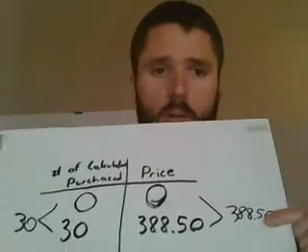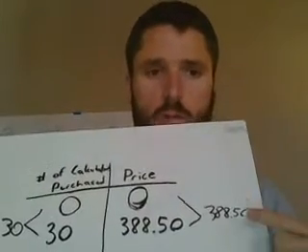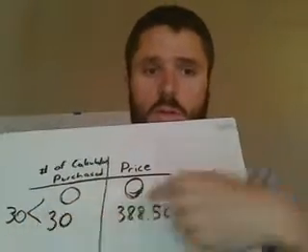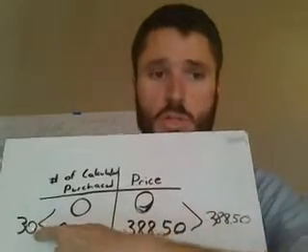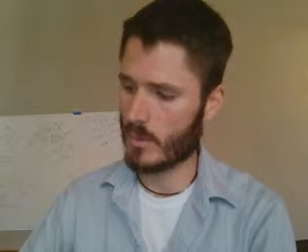Yes. If you can remember from class last time, the rate of change is nothing more than the rise over the run. In other words, the change in the outputs over the change in the inputs. So that's just $388.50 divided by 30. And let me grab my handy dandy calculator.